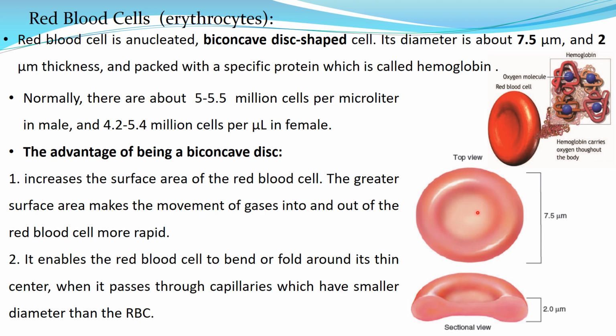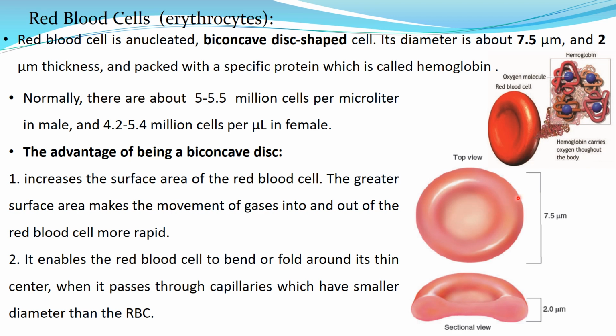So what is the advantage of having biconcave disc-shaped cells in the case of red blood cells? This feature increases the surface area of the red blood cells. The greater surface area makes the movement of gases into and out of these cells more rapid and efficient.